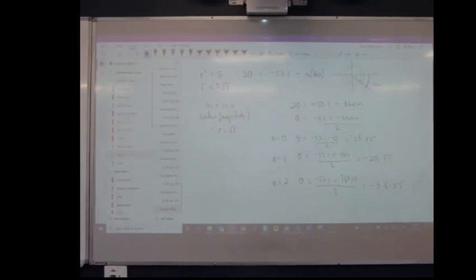How far apart are they? 360. Yes. They're 360 degrees apart. And 360 degrees is how far? Full circle. So we've just come back to where we started. So if I keep going, you'll just come back to one of your original that you've already calculated.